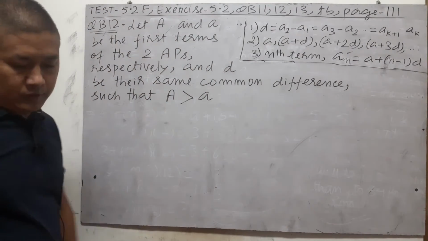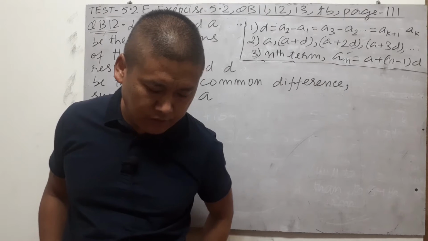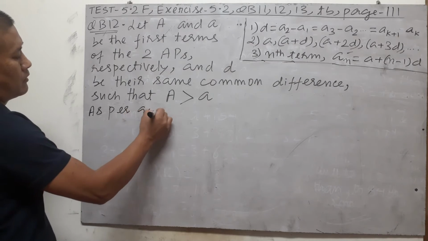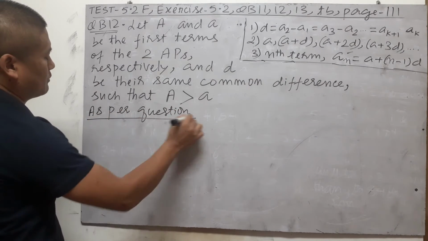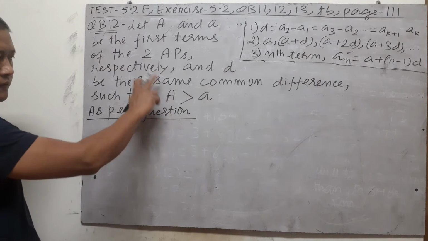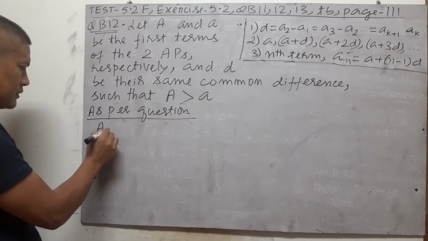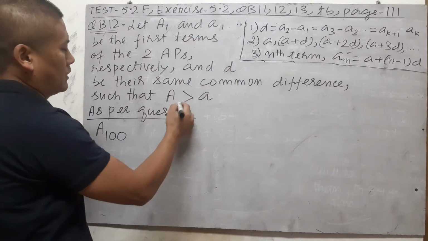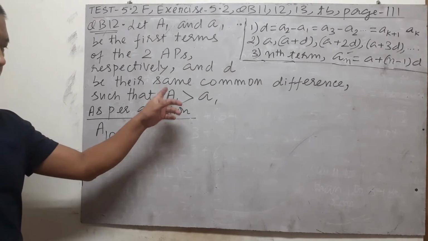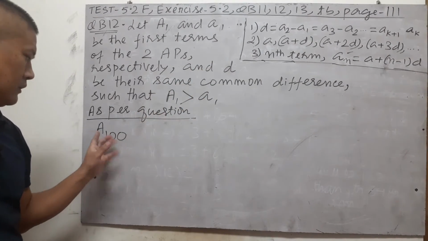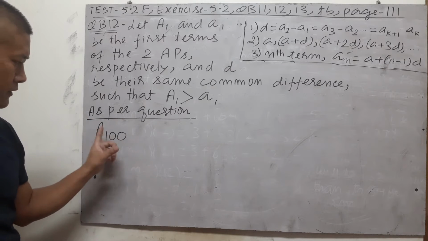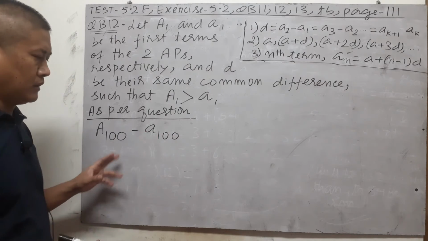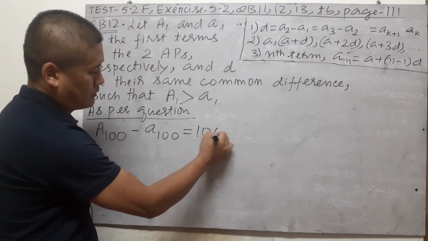Here let us look into your question: the difference between their 100th terms is 100. As per the question, because the first term of the first AP is bigger, the 100th term of the first AP, A100, minus the 100th term of the second AP, the difference is equal to 100.